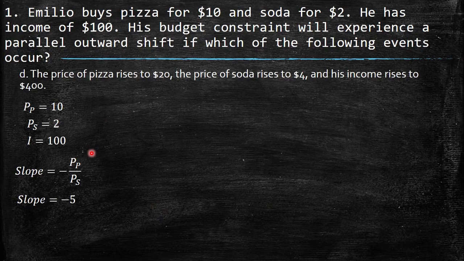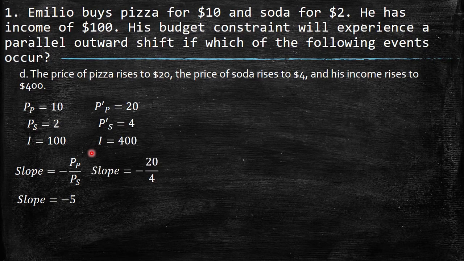Then going to the last one, this should be the good one. The price of pizza rises to 20, the price of soda rises to 4, and his income rises to 400. Then the price of pizza is equal to 20, the price of soda is equal to 4, the income is 400, and the slope should be 20, the price of pizza, over 4. The slope is exactly the same, so we are okay here.